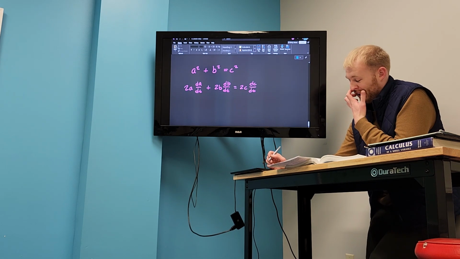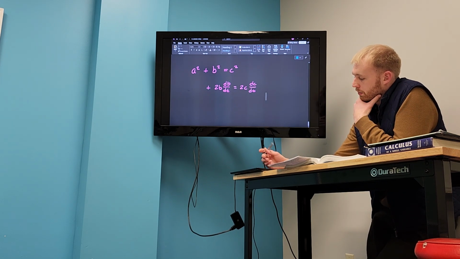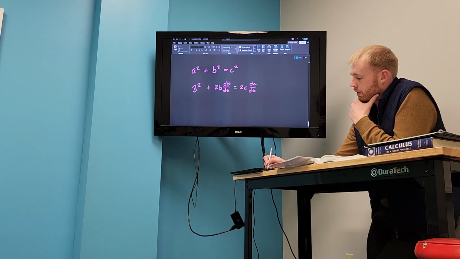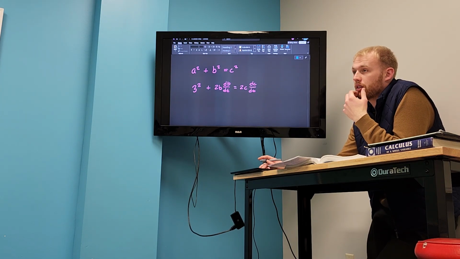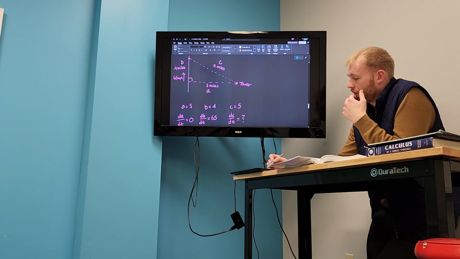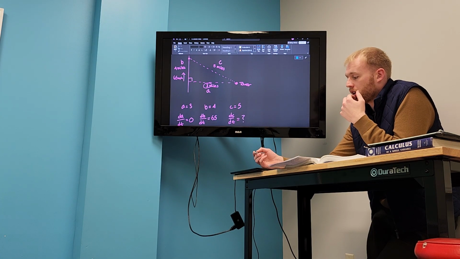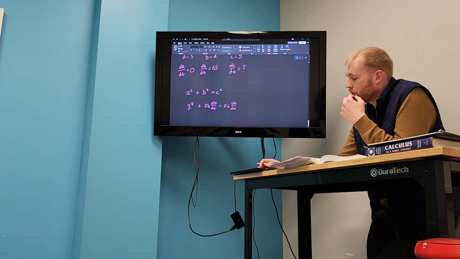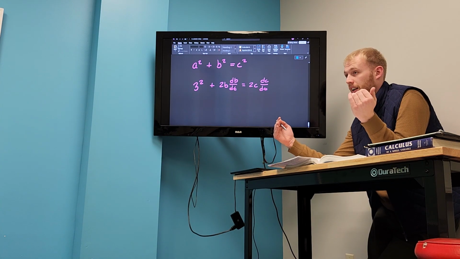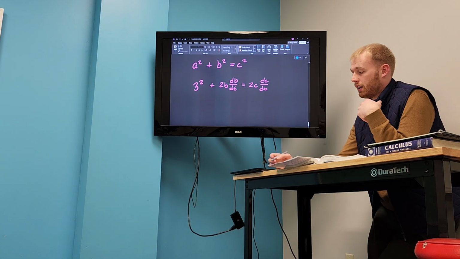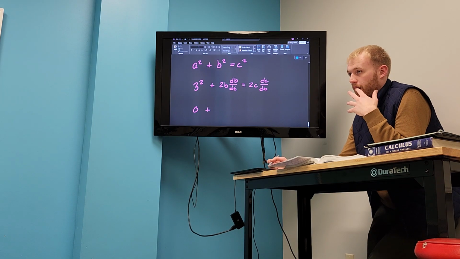Really, we know that this first term is a constant term of 3 squared, right? That one's never going to change. This 3 miles never changes. So if we wanted to, we could even just plug that 3 in right away, and then it's super easy to see. Now when I differentiate, that's just going to go to 0.